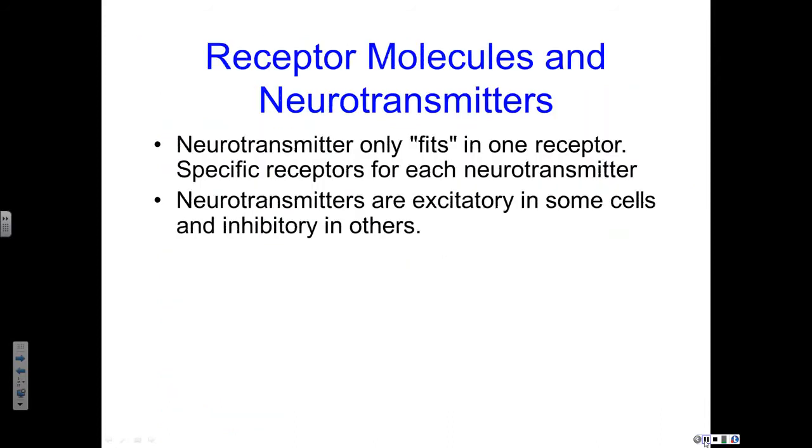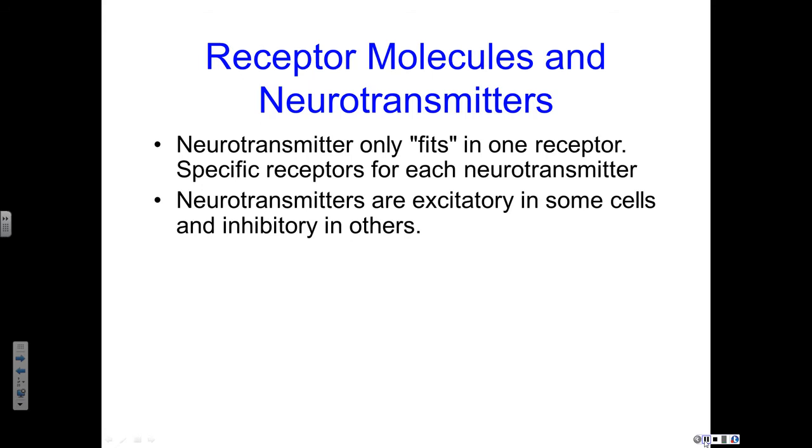All right, now we have to talk about the receptor molecules, right? Those are on the postsynaptic junctions. So first, the neurotransmitters fit one receptor. Remember, the receptors are proteins, either ion channels or G-protein coupled receptors, as you're going to see.